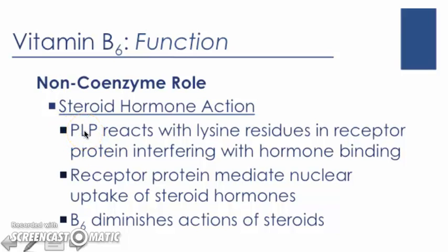We see that it plays a role in steroid hormone action, and actually the strength of the effect of a steroid hormone can actually be affected by PLP. So PLP, you can see it reacts with lysine residues on the receptor, which actually interferes with the hormone binding to its receptor. And this actually diminishes the actions of particularly these steroid hormones.